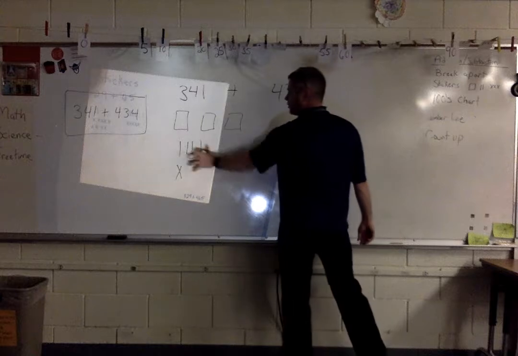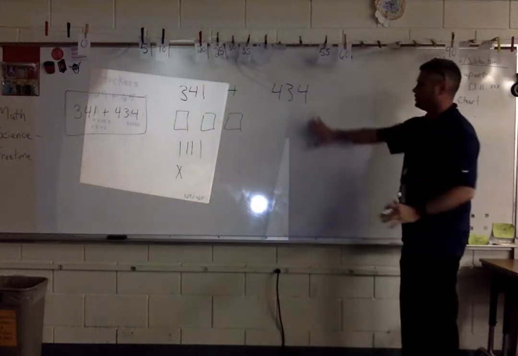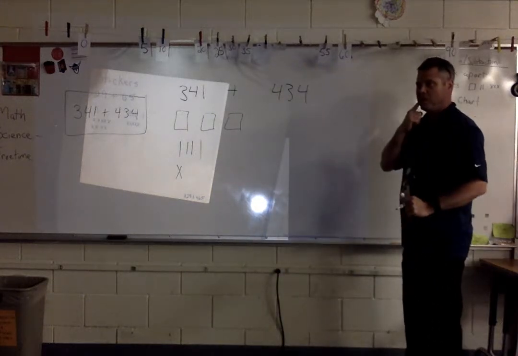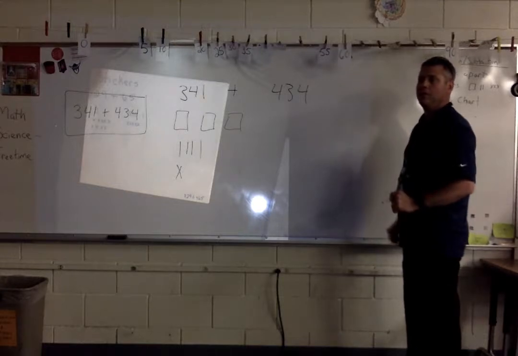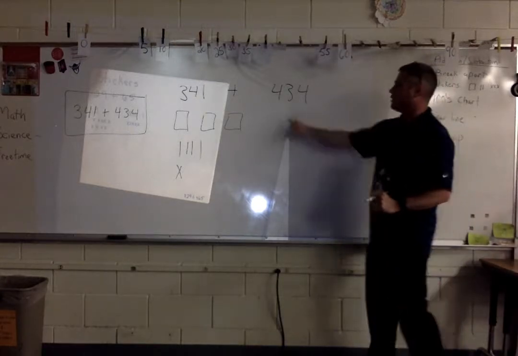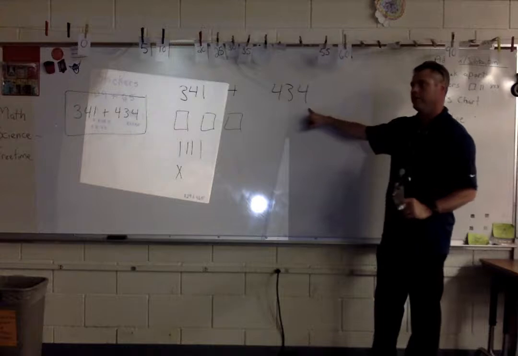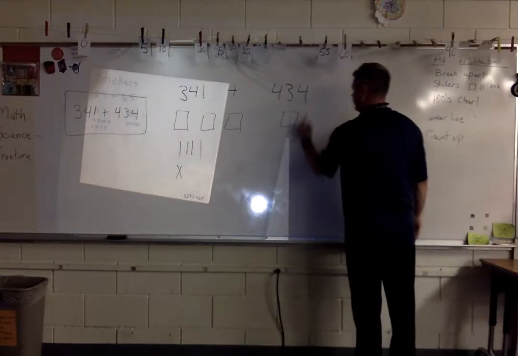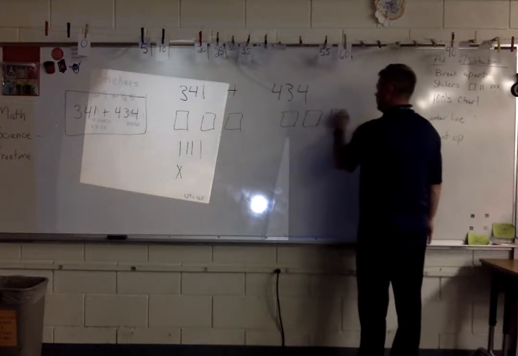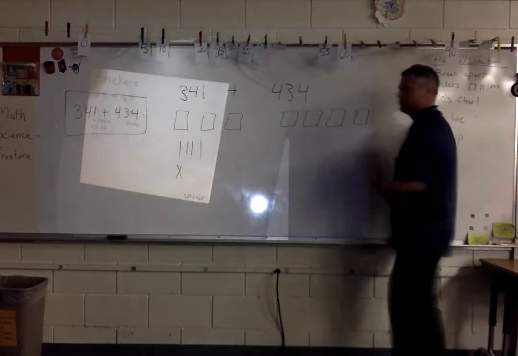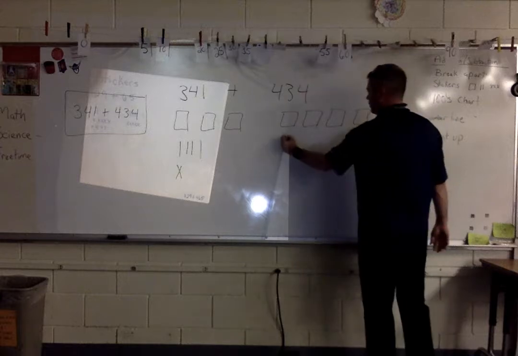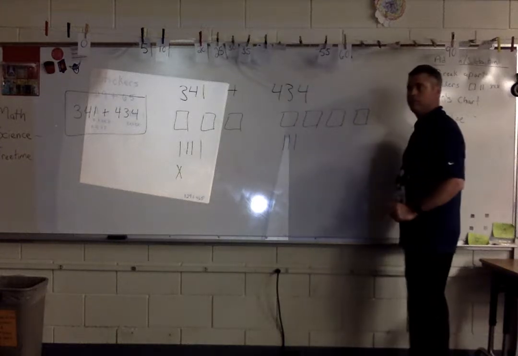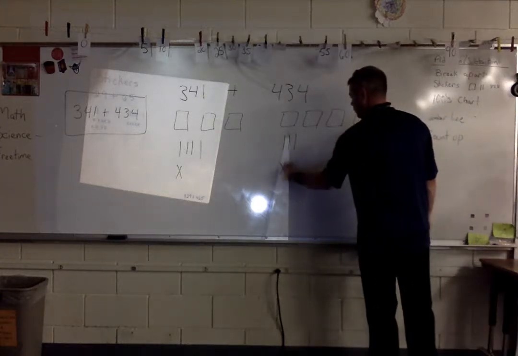Notice how we just drew this picture out for stickers? Let's do stickers on this one now. So how do we do 434? Oh, you put 4 squares. Okay, awesome. 3 tens. 3 tens. 4 ones. 4 ones.